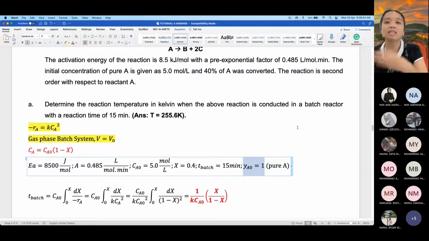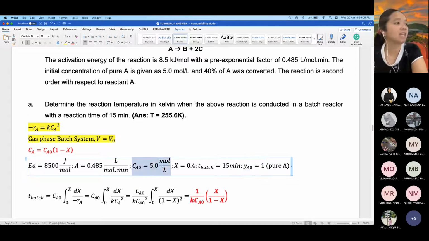So you can see the sentence is written as pure A. How do we translate this into calculation? It indicates that the mole fraction initially of A is 100%, or in terms of fraction, we write it as 1. Okay, so kita dah tahu YA0 is 1. Then dia kata initial concentration of A, 5 mole per liter. Of course this one I think you already know how to process.